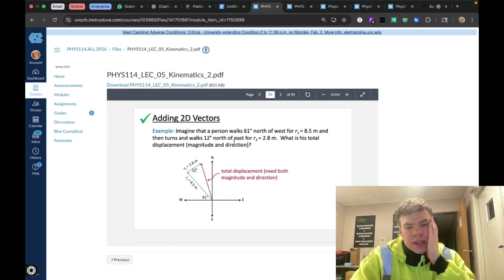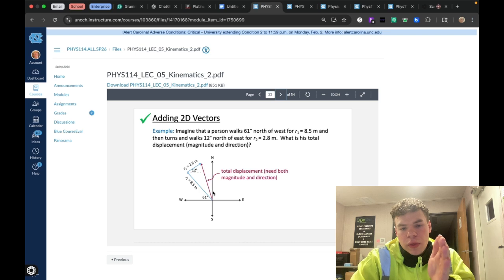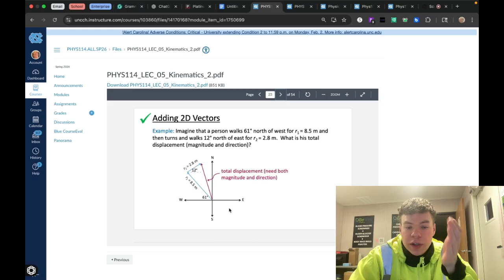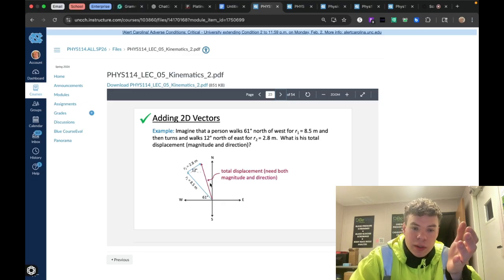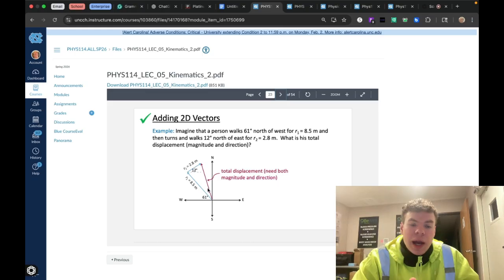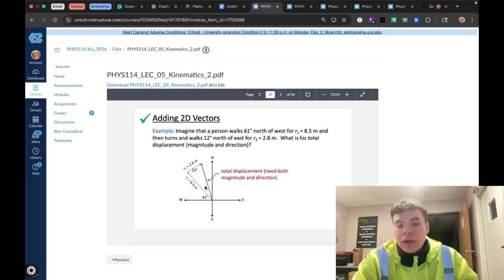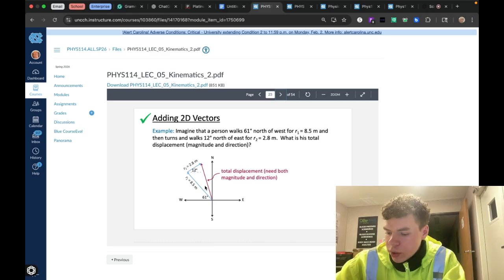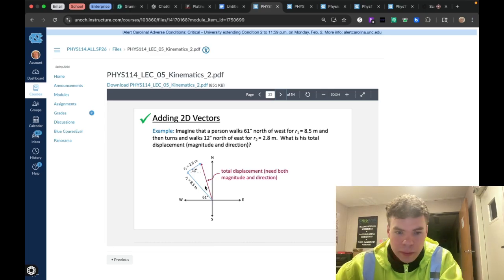But if it said 61 degrees west of north, you would start here on the y-axis and go 61 degrees. But if it's saying north of west, you start over here on the x-axis and you go 61 degrees. I was asked to calculate something north of west, and I accidentally took the angle from the wrong place. I did the math right, but I messed up the angle, so my answer was wrong. So as a general rule of thumb, make sure you understand this.